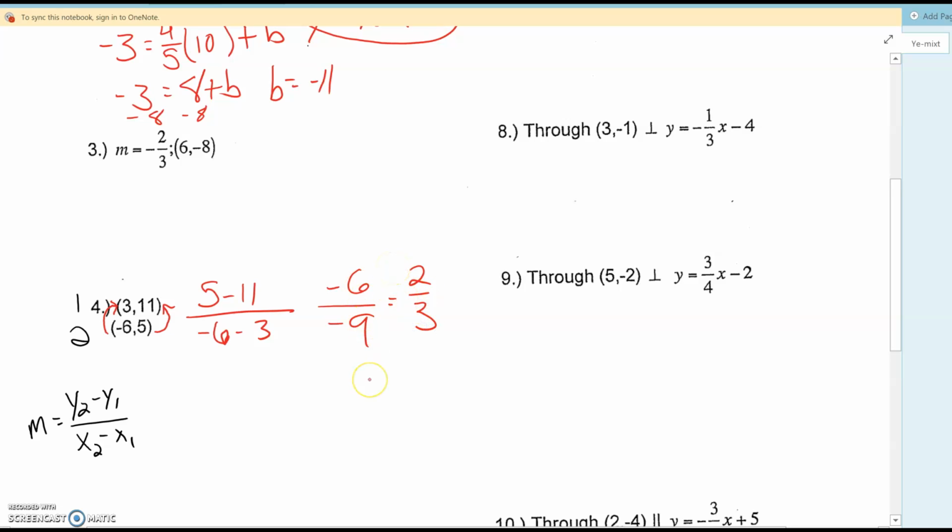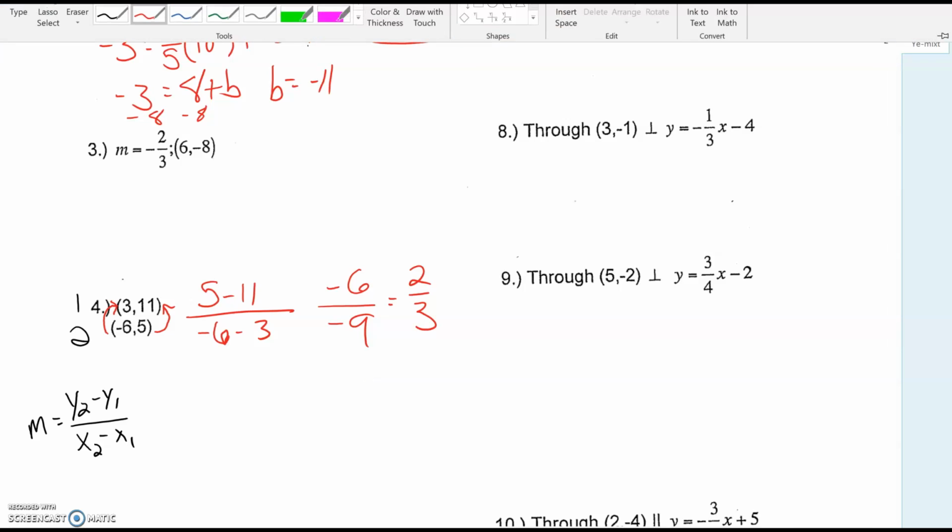If you want to use 6 over 9, that's fine. So that is your slope.